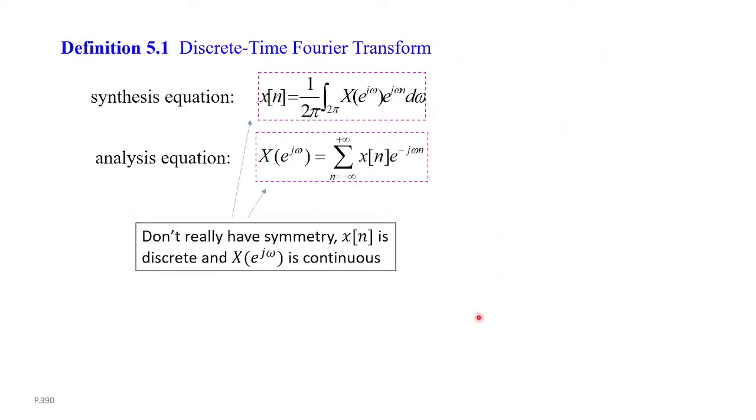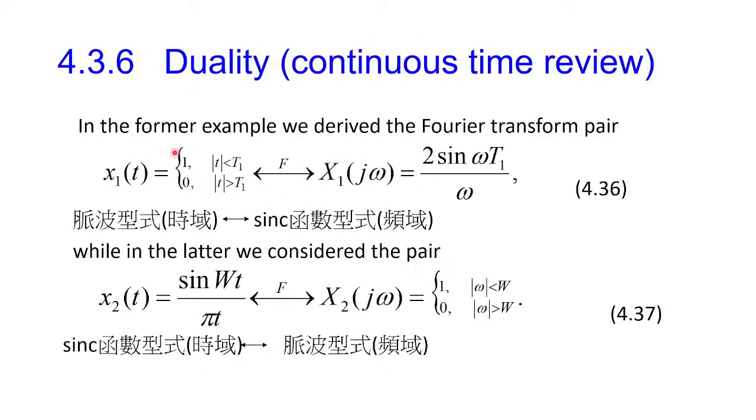It's just something we noticed: the Fourier transform equation for continuous time, the transform and the inverse transform, have very similar formulas. So if we have one function and another function being a transform pair, we just switch t and omega, and they will also become a transform pair. It's a little more complicated as you need a negative sign somewhere.